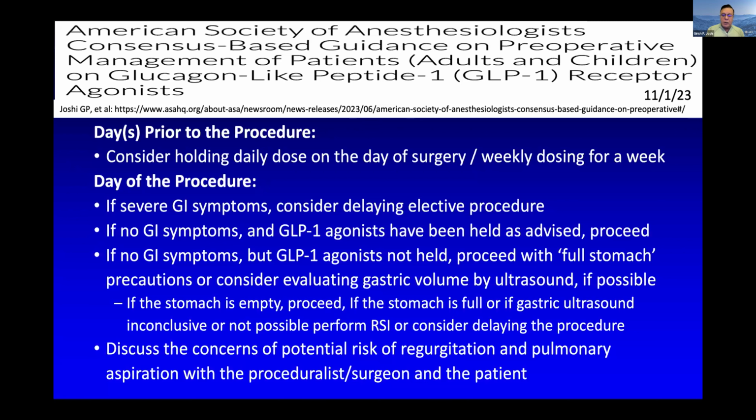Alternatively, you can do a gastric ultrasound and see if the stomach is empty. And if so, one can proceed. More importantly, there has to be discussion between the patients and our surgeons and proceduralists with regards to our concerns of regurgitation and aspiration.